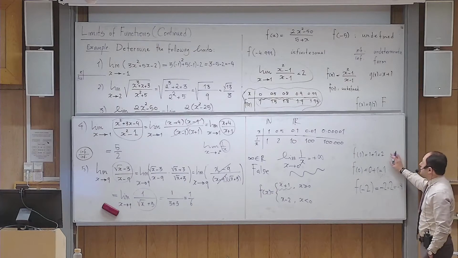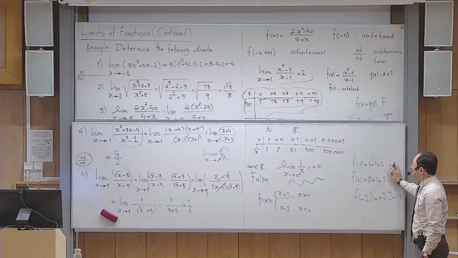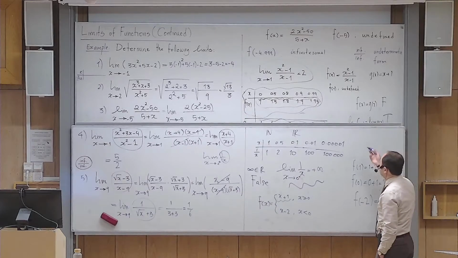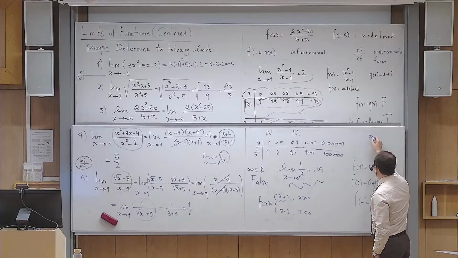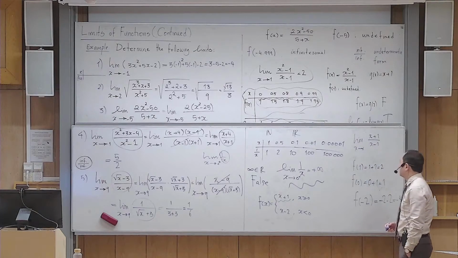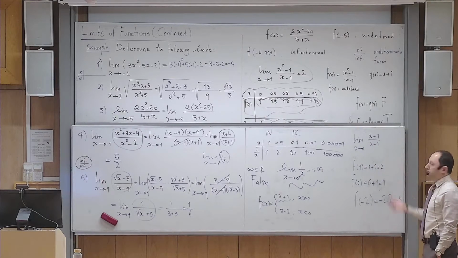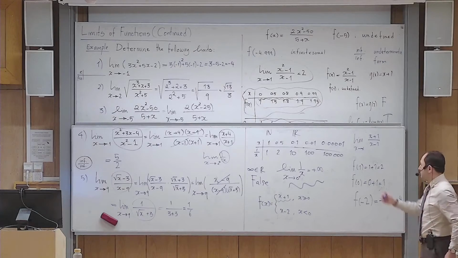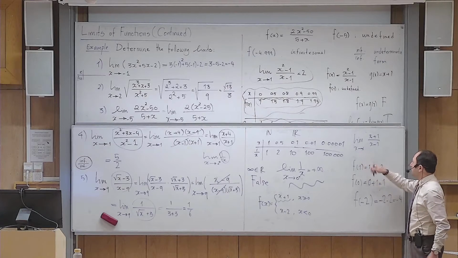I don't exactly understand your question, but if you mean that I can make it, I might write x plus 1 over x minus 1, and ask you to calculate the limit of this when x goes to 1. Yeah, this is also infinity. So if you get x closer and closer to 1, what happens?